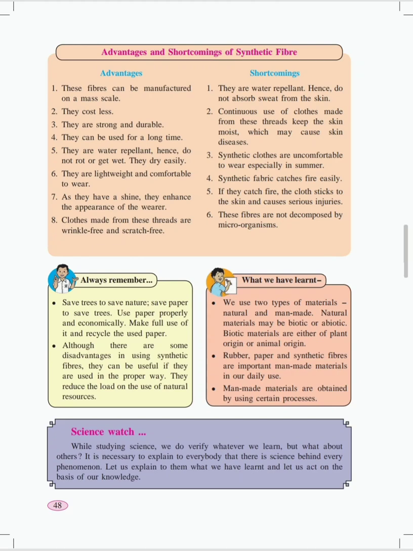Throughout this lesson we have studied various substances, natural as well as man-made, production of paper, production of rubber, that is vulcanization of rubber, and different types of synthetic fibers. These are all things we have come across in this lesson. I hope you have studied and understood the lesson. Thank you.